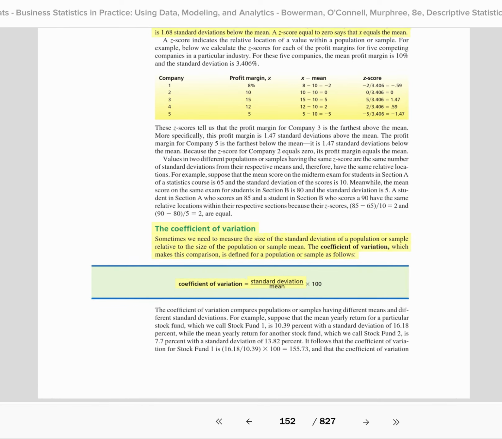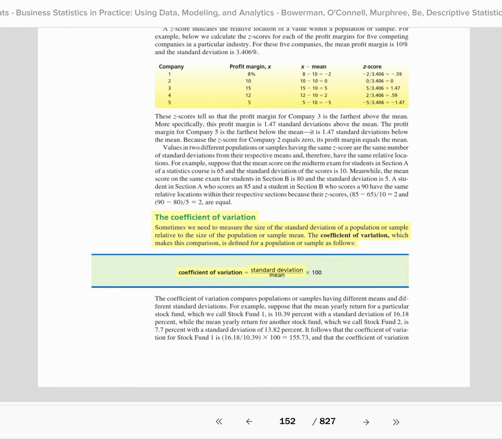Very similar. Now, another value associated with comparison is called the coefficient of variation, and it's very useful when you want to compare, for example, stock funds. The idea here is that you want to see how much variation there is in a data set, how much percentage the standard deviation is of the mean. So here we have 2 funds.